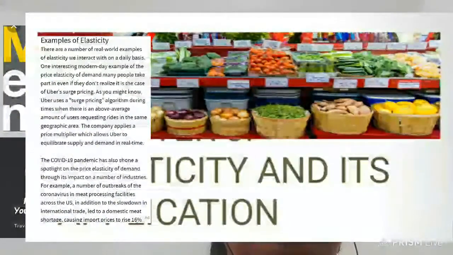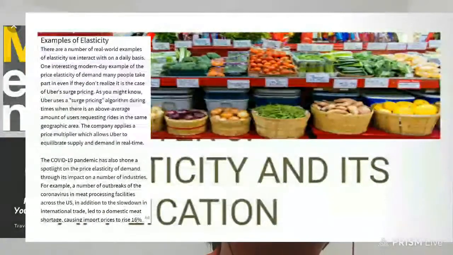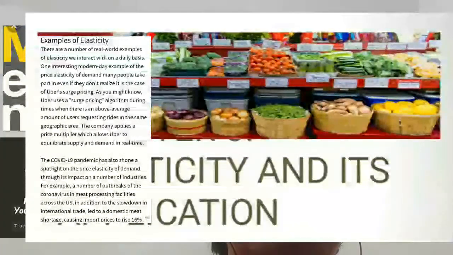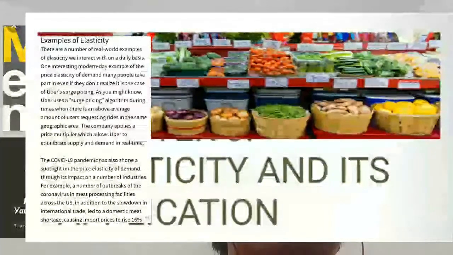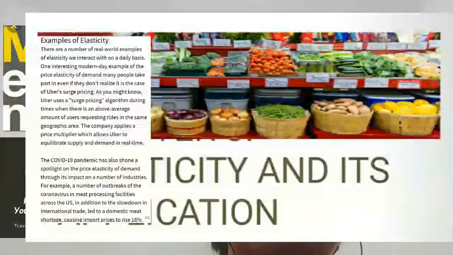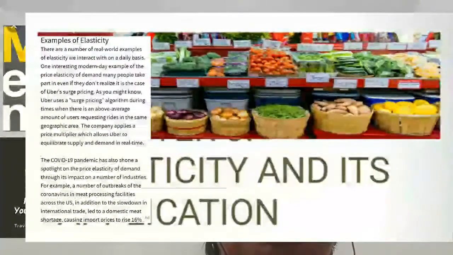Examples. So there are a number of real-world examples of elasticity we interact with on a daily basis. One interesting modern-day example of the price elasticity of demand many people take part in, even if they don't realize it, is the case of Uber's surge pricing, no?